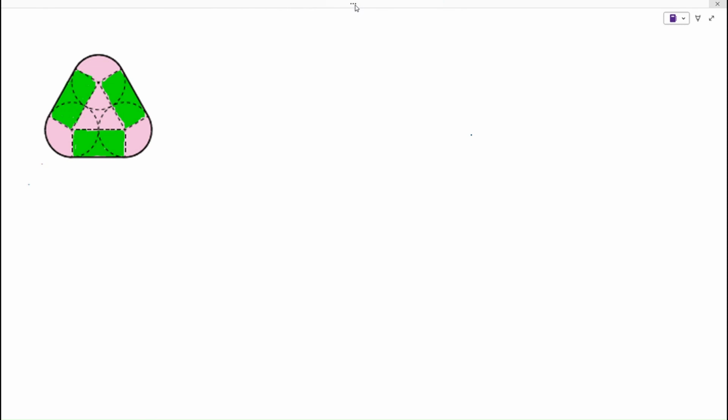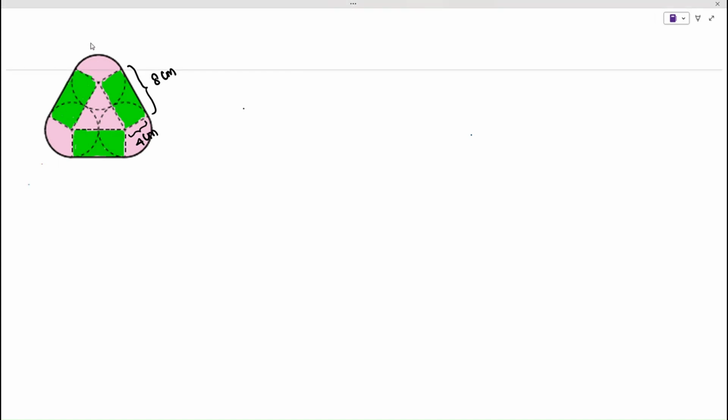So to start off, we're going to label the sides on one of our rectangles here that has been shaded in. So the longest side we have as 8 centimeters, which is the length of 2 radii, and our shorter side is 4 centimeters, which is the length of 1 radius.